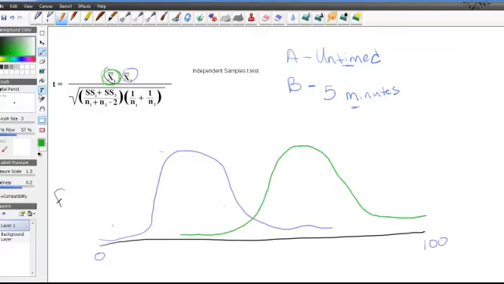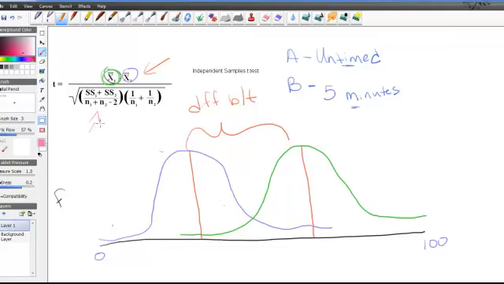or something like this. So what our t-test is doing, again, in the top of our equation here, we're getting the mean from this group minus the mean from this group. We are looking at the difference between groups in that numerator. The denominator, on the other hand, let me try to get a different color here.